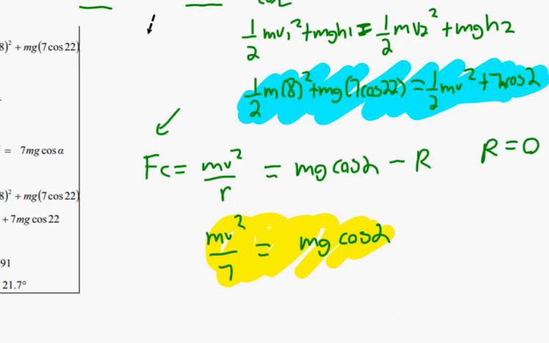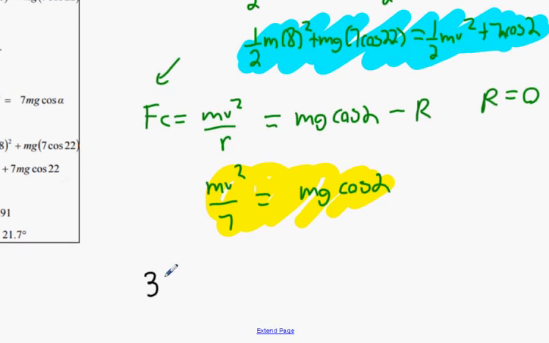Half of 64 is 32. I'm just going to call that 7g cos 22. I'm not going to do anything with that at the moment. A half mv squared, no bother there. Oh, the m's are gone. And then what's the other one? 7g cos alpha.